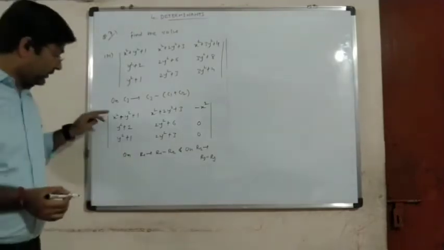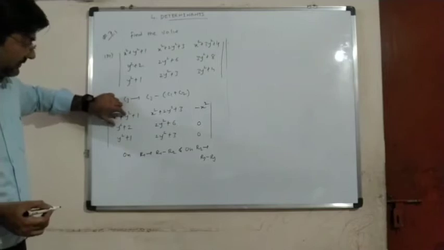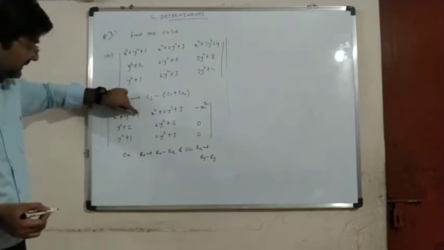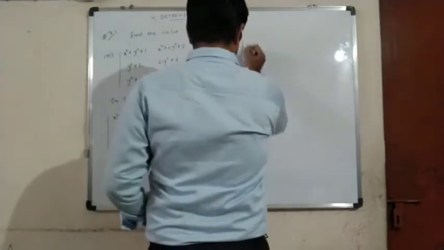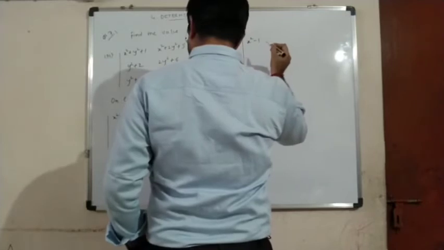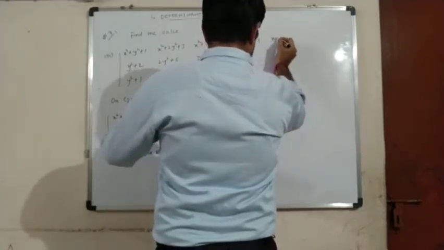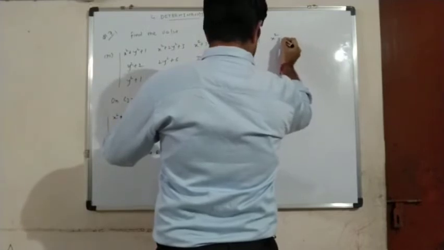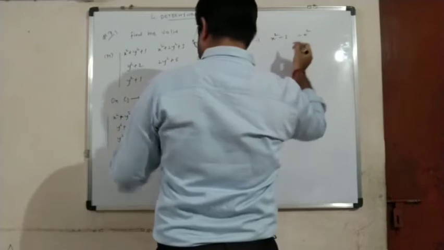From R1 minus R2, y square plus y square will get cancelled here, 1 minus 2 will be minus 1, so we are left with x square minus 1, again here x square minus 3, and this term will be as it is.